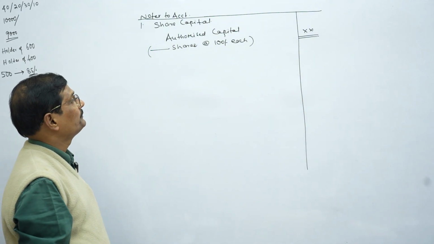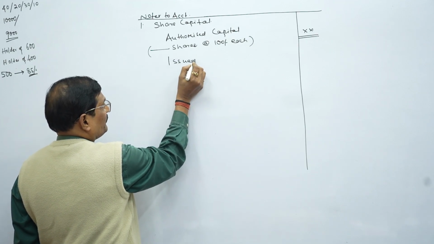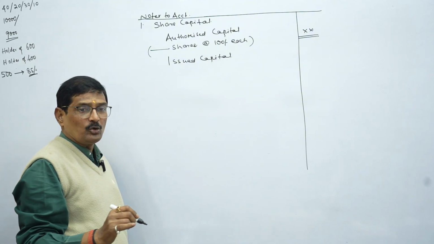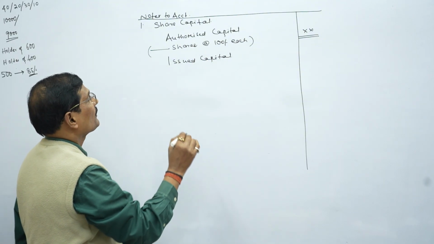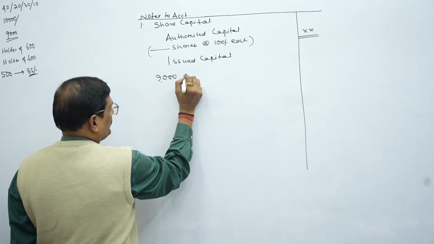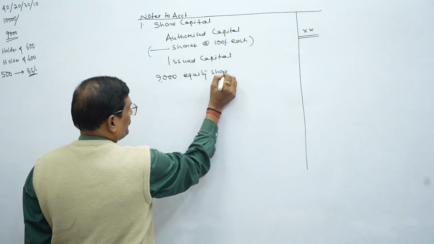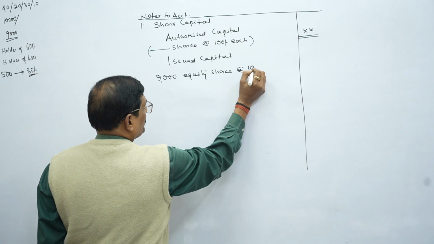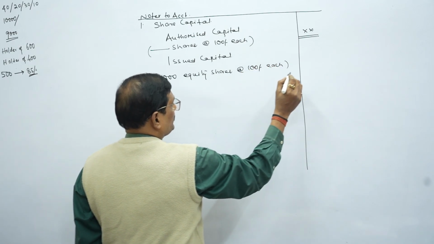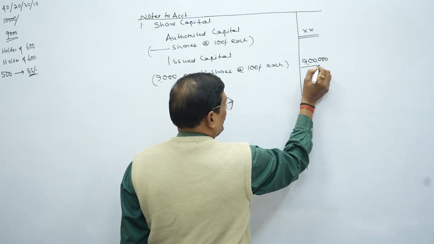Authorized capital. Then issued capital. We have issued 9,000 shares, so 9,000 equity shares at the rate of 100 each. That is 9 lakh, and close it.